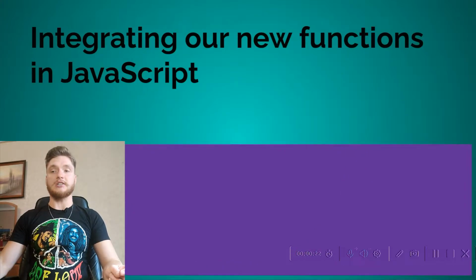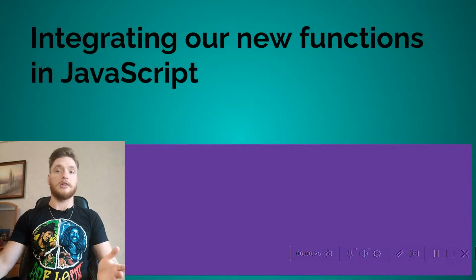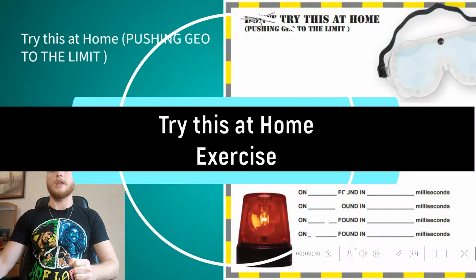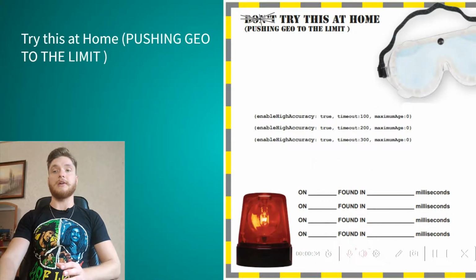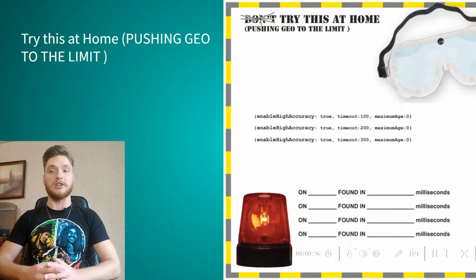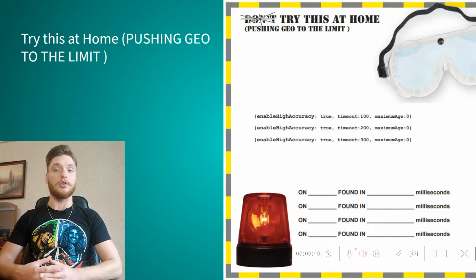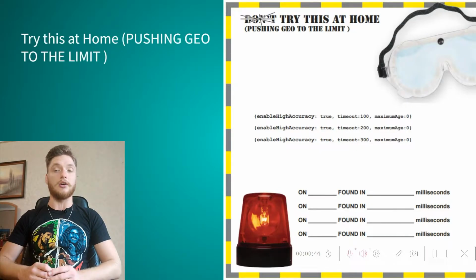For a start, let's talk about an exercise, try this at home, or don't try this at home: pushing Geo to the limit. Wouldn't it be fun to see how fast your browser can find your location? We could make it as hard for your browser as we can. Let's ask it to enable high accuracy.